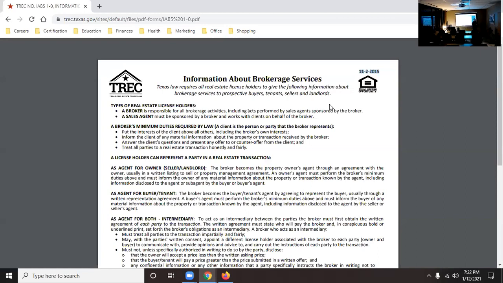Because what happens is if Trek comes in and asks, well, did you give Mr. Grossman that information about brokerage services? What you can say is, I did, but he refused, and here's his writing that says he refuses it. You do not write it. It needs to be in his handwriting, okay? Because then in that situation, he can't say he's never received it, okay?